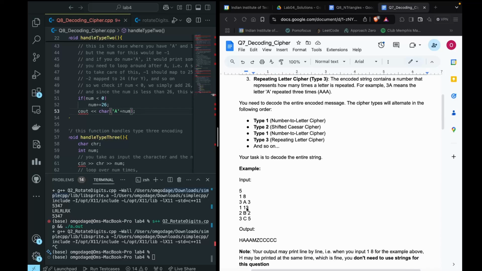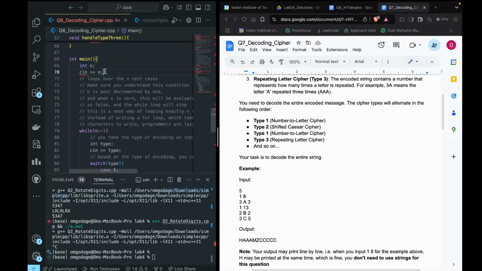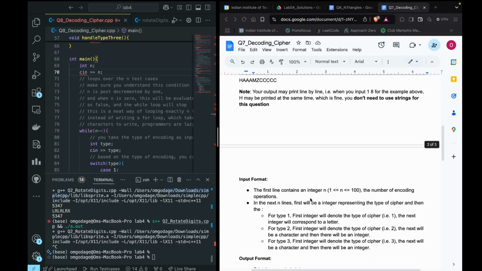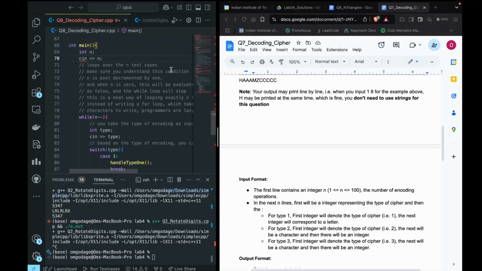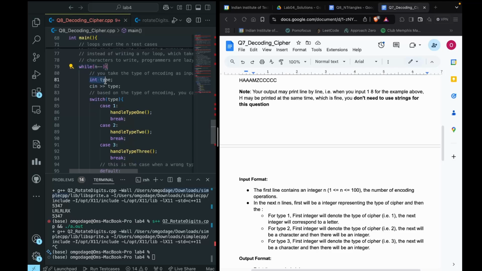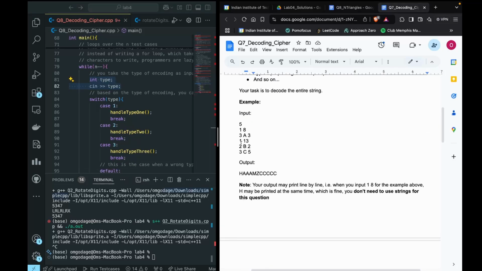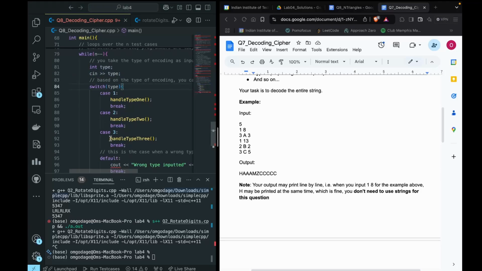Then in your main program, you will take in an input n, which is the number of test cases that you have, the number of encoding operations, and then you loop over n times. You take in the type, which is inputted on each line, and then there's a switch case on the type.